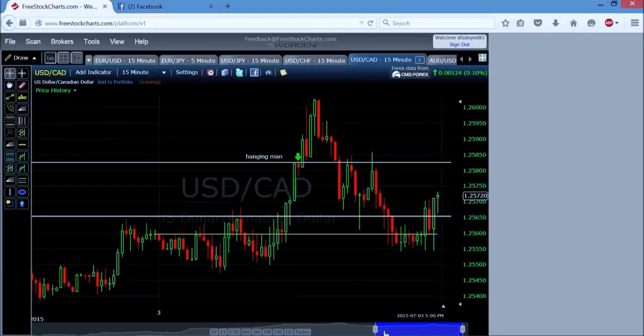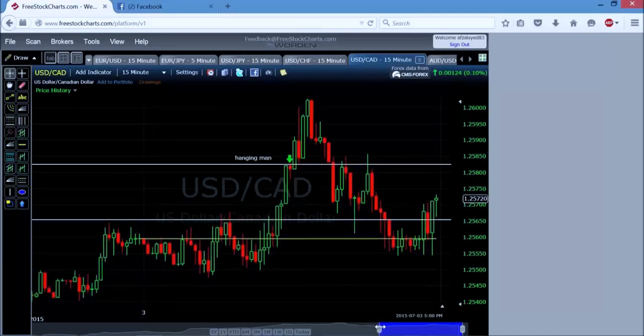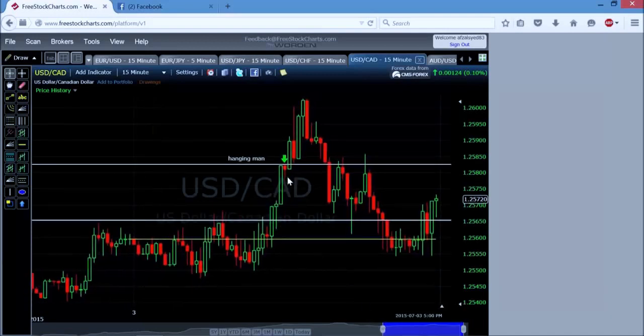You see, now a hanging man or a hammer usually detects there's a reversal happening, right? So when something like this happens, usually the price stays down, but that didn't happen.